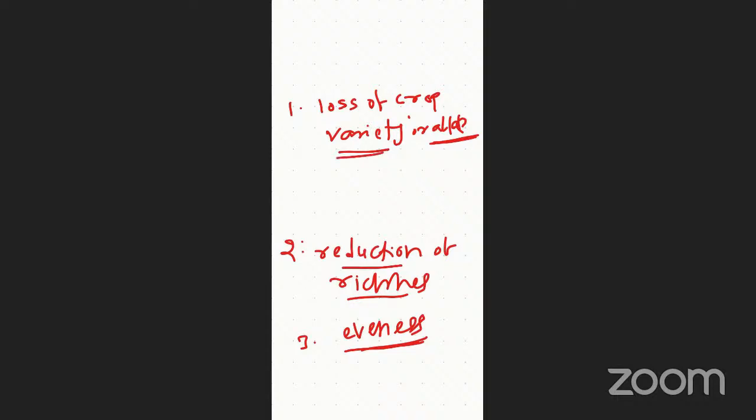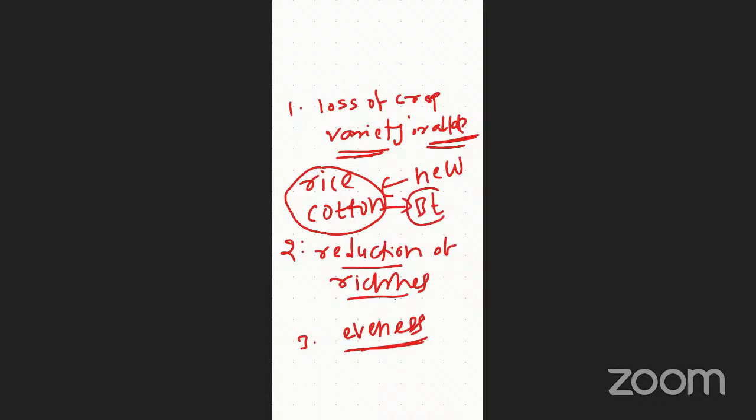For example, an indigenous rice crop, or cotton, not Bt, normal cotton, is present but replaced by new varieties, different types of rice varieties you have seen, and Bt cotton varieties also introduced. But scientists just follow the introduced ones and ignore the old conventional growing crops, ignored by scientists and farmers.